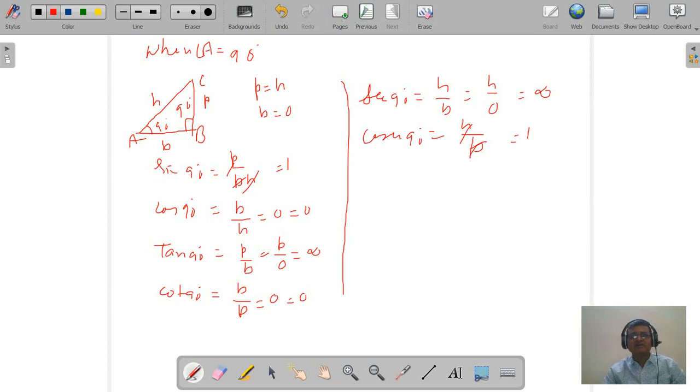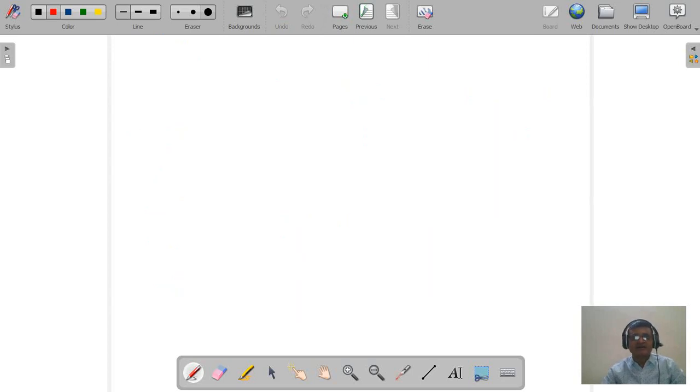So you can see how we have discussed the trigonometric ratios at 90 degrees. Now in the next part we are going to discuss, if angle A is 30 degrees, then what are the other trigonometrical ratios.